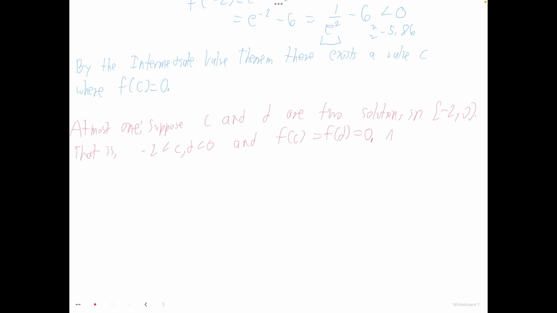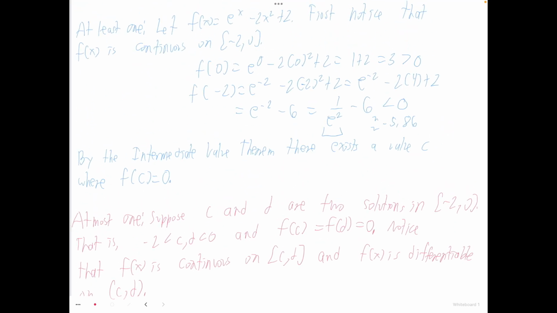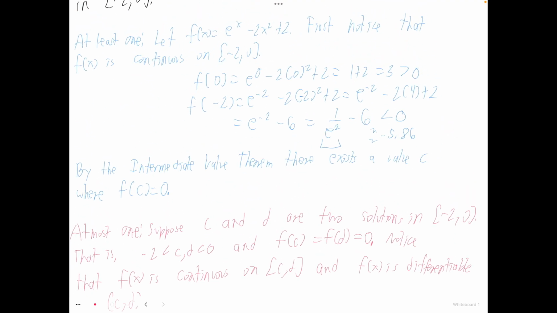And then notice that f of x is continuous on the closed interval C to D. The reason for that is it's always continuous, so it's certainly continuous on C to D. And f of x is differentiable on the open interval from C to D. So remember f of x is e to the x minus 2x squared plus 2.